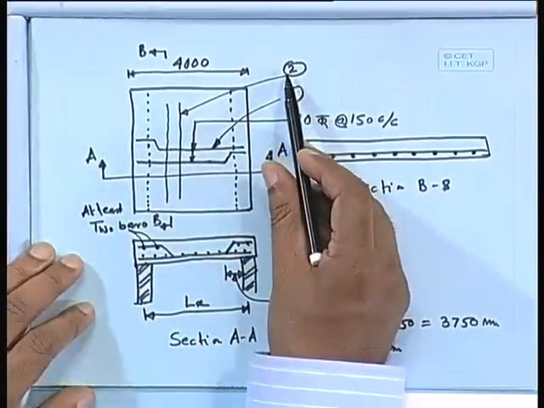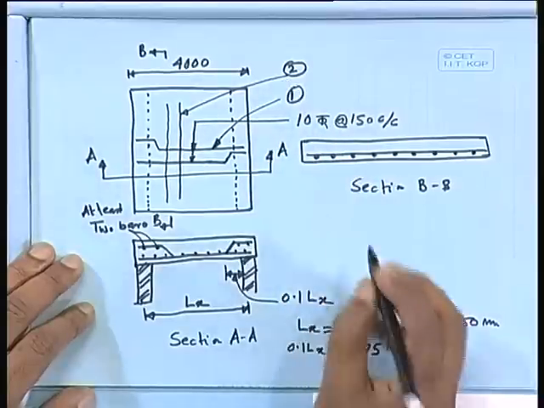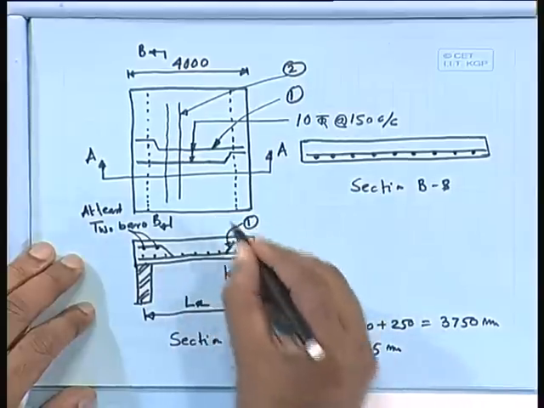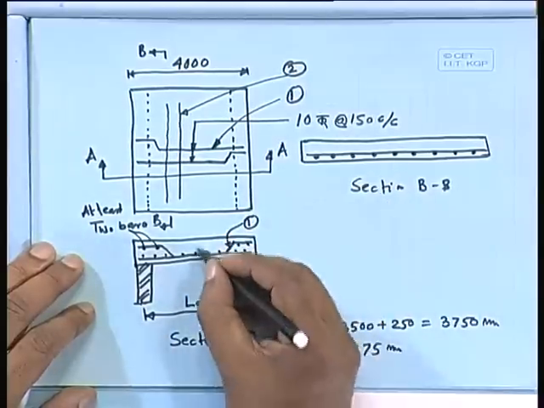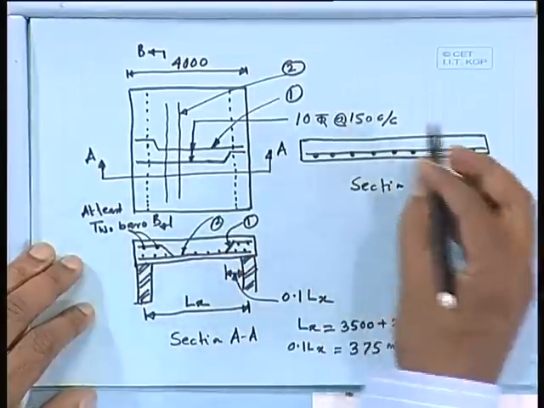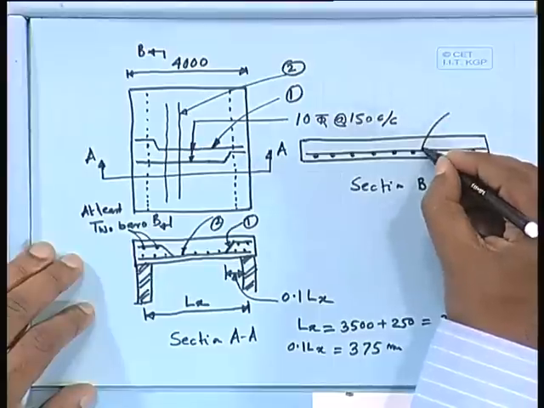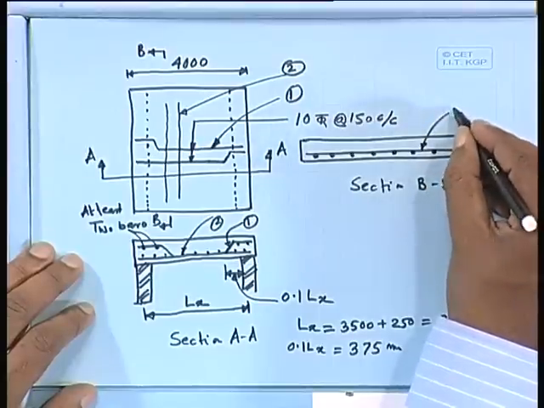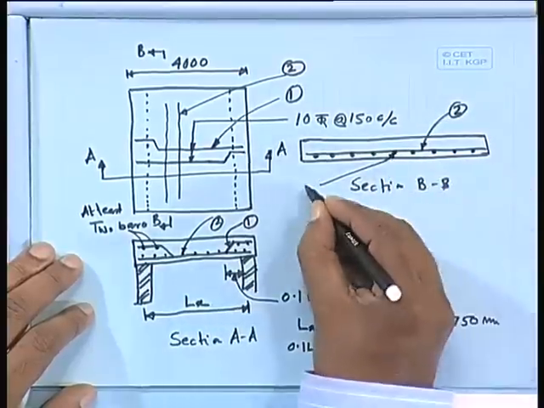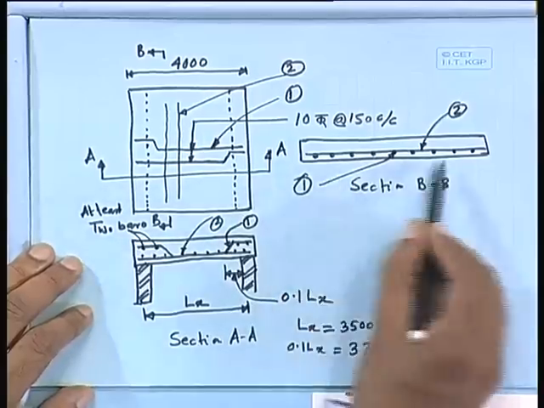So, here this is 1, this bar is 1, and the dots are 2, whereas here this one is your 2 and these dots are 1. Because we are taking the other section, that is very, very important. Whenever you are showing the section, which side you are cutting is very, very important.